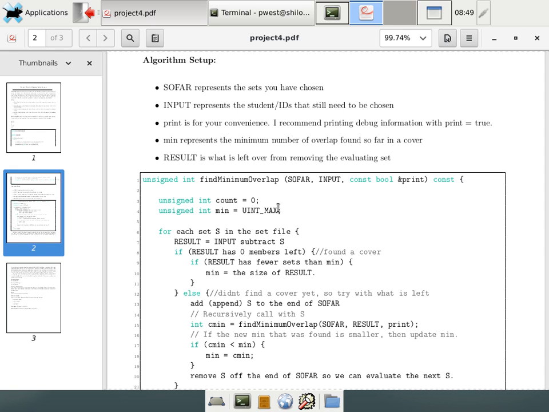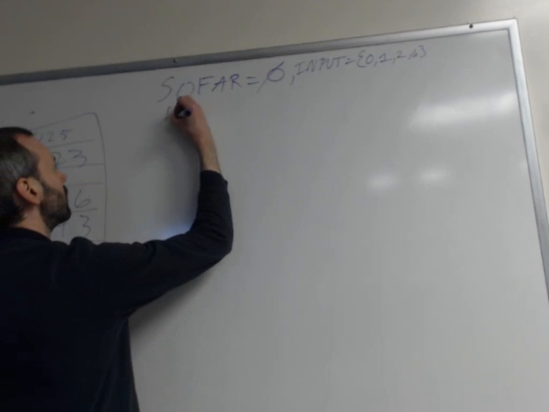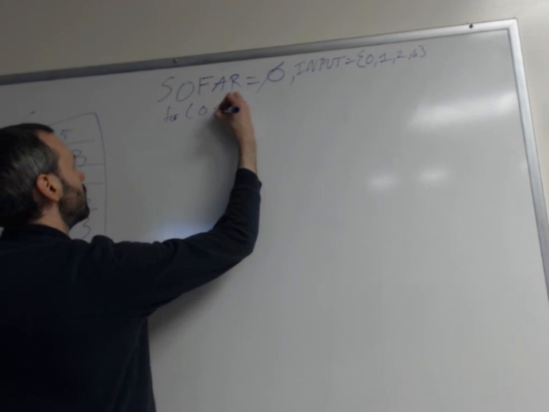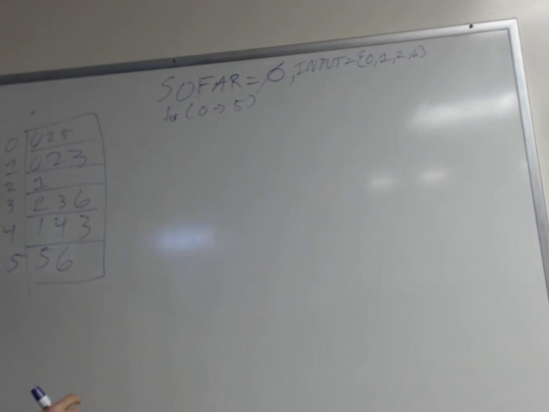So for each set S in the set file, the way I'm representing it up here, we have sets 0 through 5. So we're going to have a for loop that goes from 0 to 5, and we're going to start at 0.